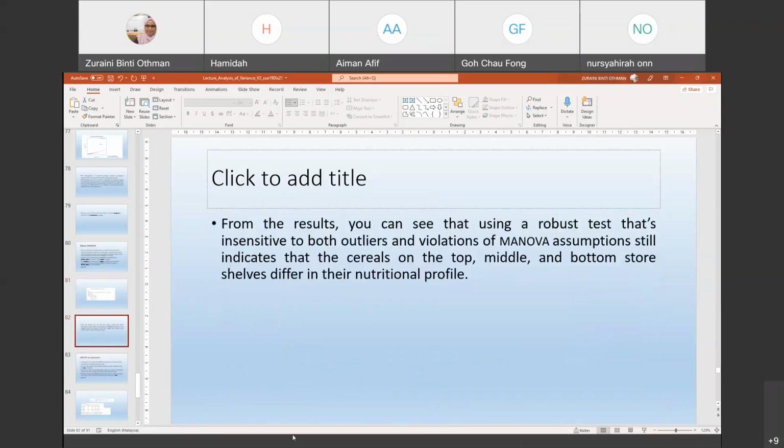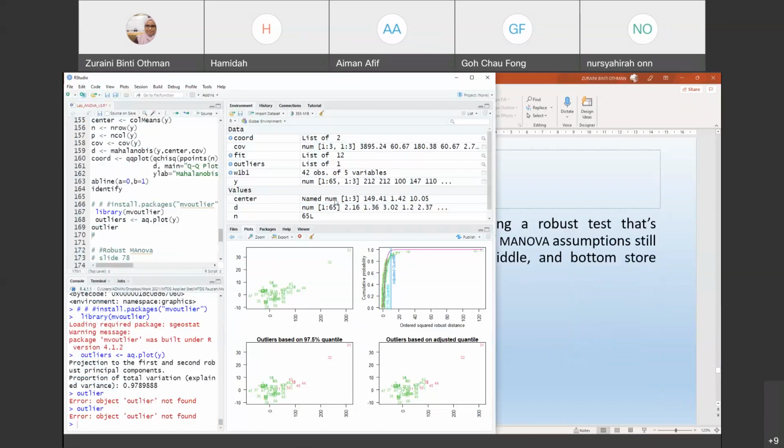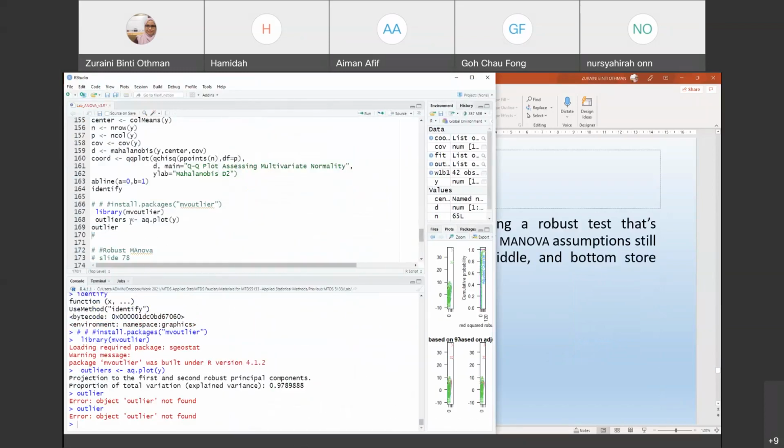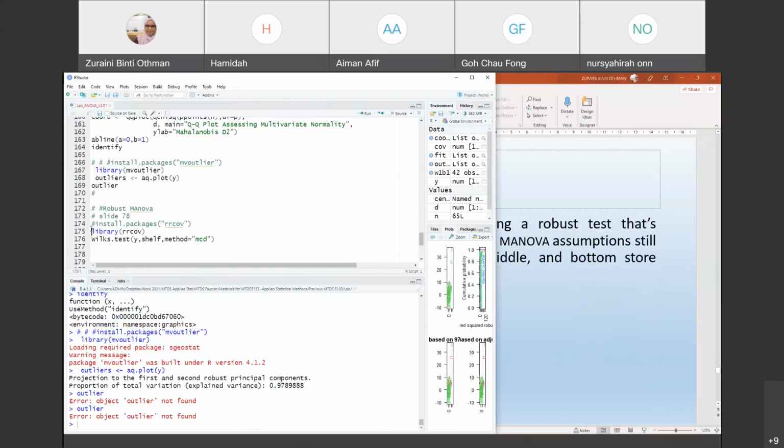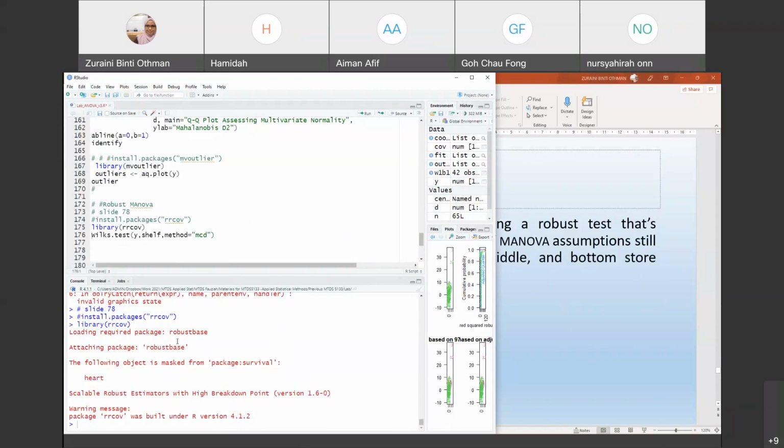Then if you want to run it in R, this is the code for robust MANOVA. First we have to install the package rrcov. If you already have that package, you just call the library. I already have that particular package. Then here is the function just now, the Wilks.test function.